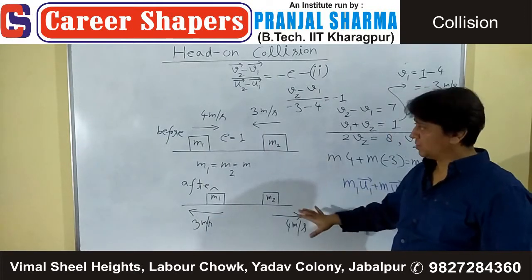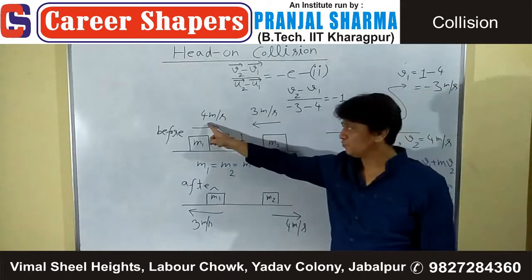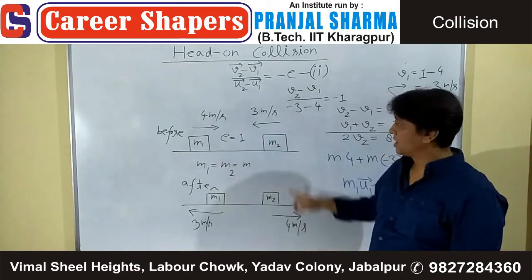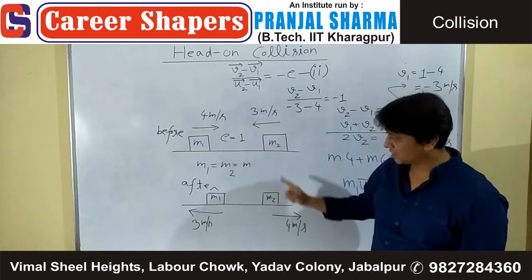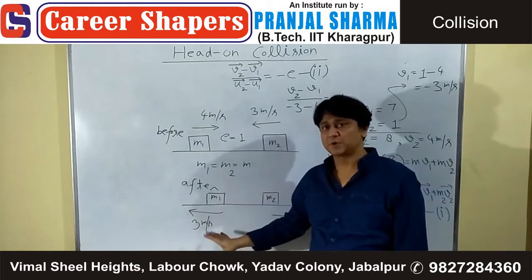Look at the important part. I said it's an important profile. M1 was moving with 4. Now M2 is moving with 4. M2 was moving with 3 in this direction. Now M1 is moving in this direction with 3 meters per second.